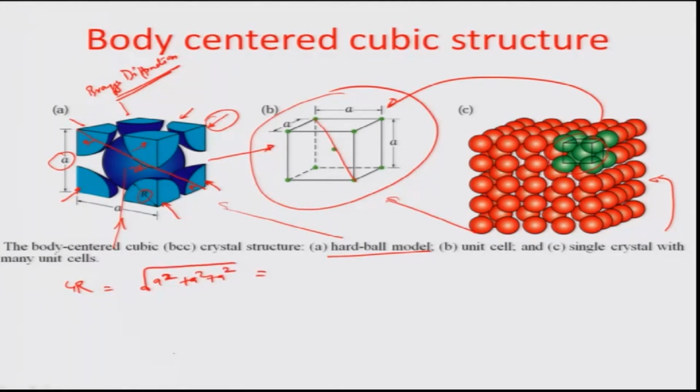So, typically that is how you represent the diagonal distance of a cube of length a, and so you have a root 3 equals 4r, or in other words the radius r can be represented as a root 3 by 4. So, if you have this from an experimental evidence, this is also the lattice constant which would come up in a Bragg's diffraction plot or something. You can easily calculate what is the radius of such an atomic system which forms this body centered cubic structure.